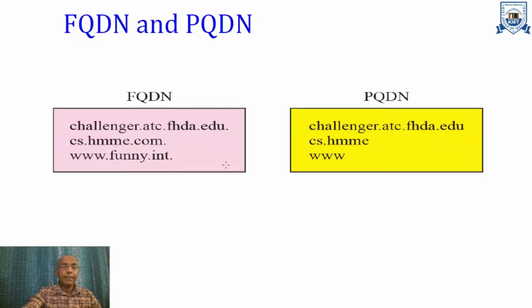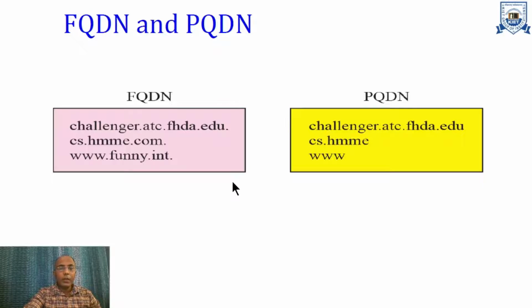You can see the example, challenger.atc.fhda.edu, and at the end there is a dot again. This type is known as a fully qualified domain name, which ends with a dot. A dot means the last one, that is the root.